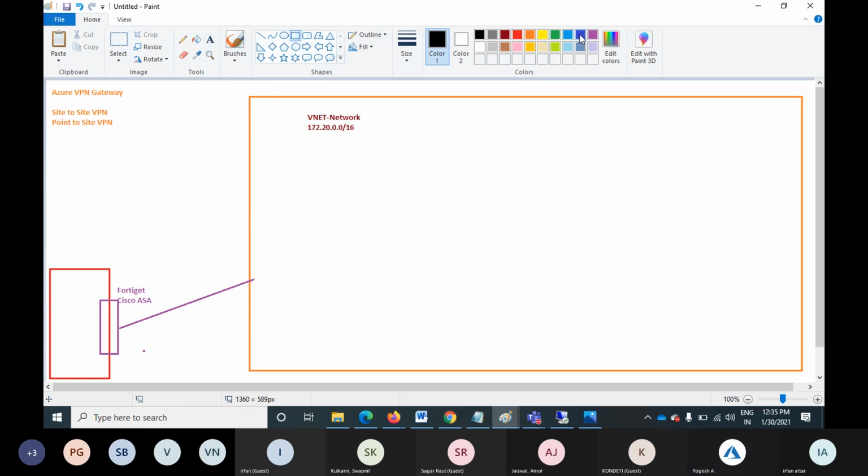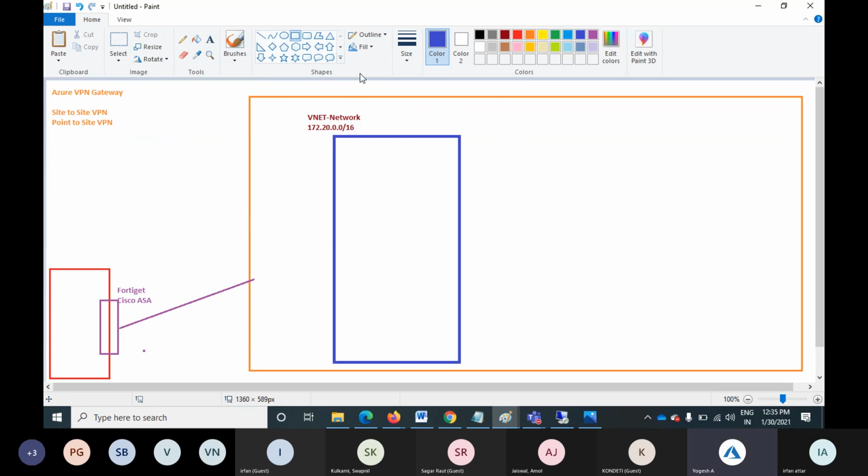Okay, so this is my VNet, and that VNet is segregated into multiple subnets: public facing and private facing.